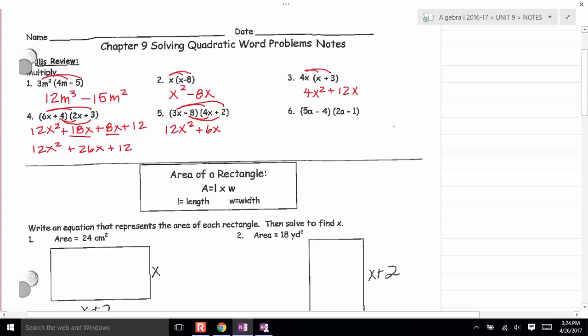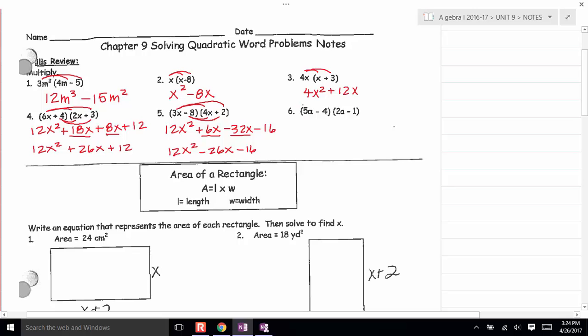So negative 8 times a positive 4x is going to be negative 32x. Negative 8 times positive 2 is a negative 16. I have a like term here with the positive 6x and here with the negative 32x. So this would simplify to 12x squared minus 26x minus 16.